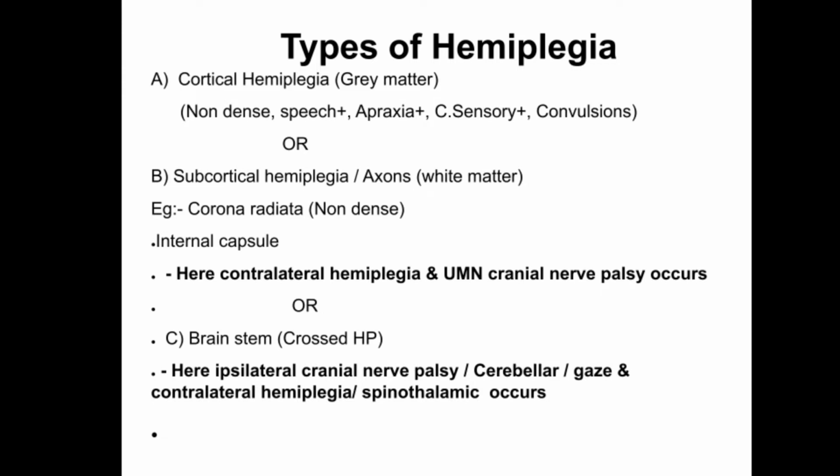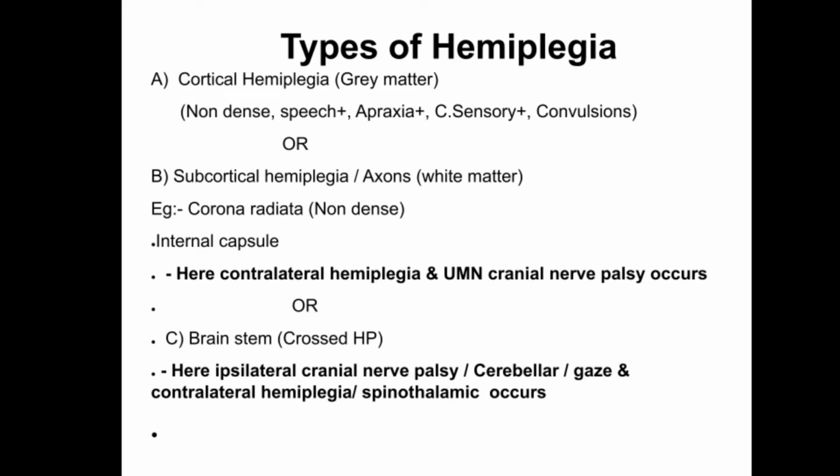Then if it is subcortical, especially corona radiata, it is non-dense and you won't get any cortical signs. In the internal capsule, you will get a dense hemiplegia and also without cortical signs. So dense hemiplegia with UMN facial palsy is the classical presentation in internal capsular stroke. It is usually motor, but associated sensory or other signs depending on the site of involvement.